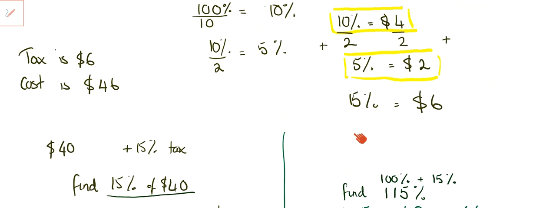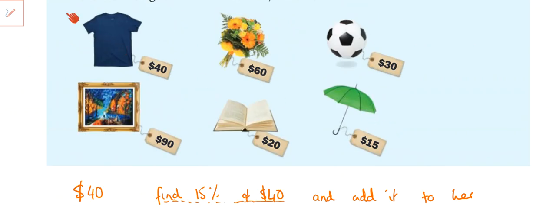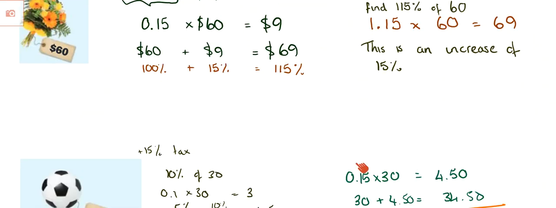Okay, and then let's do one more. So let's do the book before we move on to the next stuff. Austin, you can talk me through the super quick way, the quickest possible way for me.